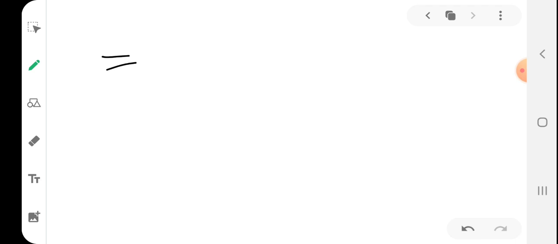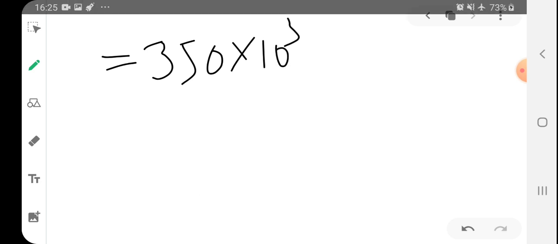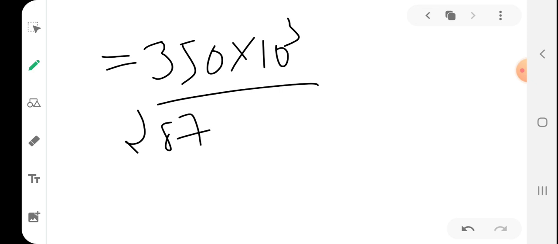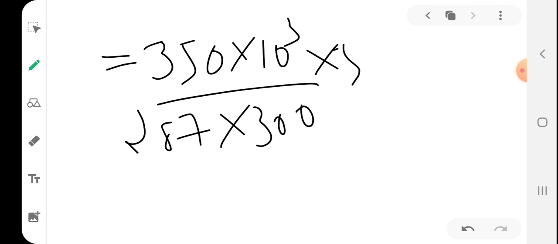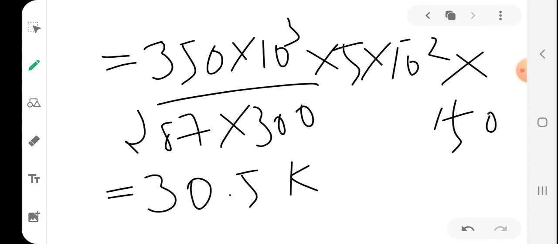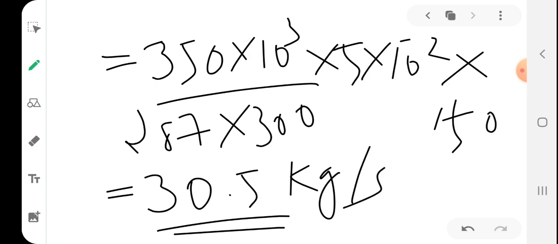So you will write P1 as 350 into 10 raised to 3 Newton per meter square, by 287 R into 300, times area 5 into 10 raised to minus 2, into V1, which is 150. Your value will be 30.5 kilogram per second. So this is m dot.